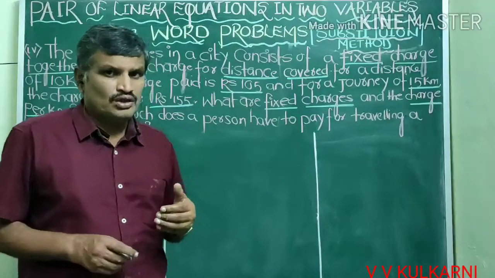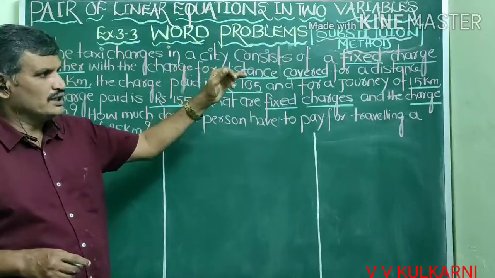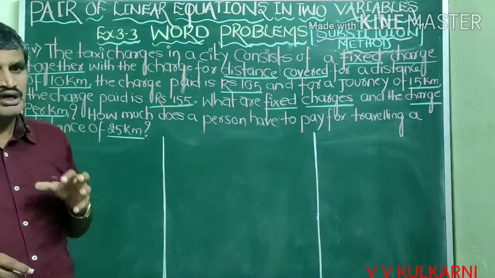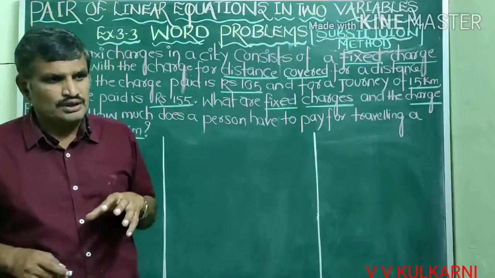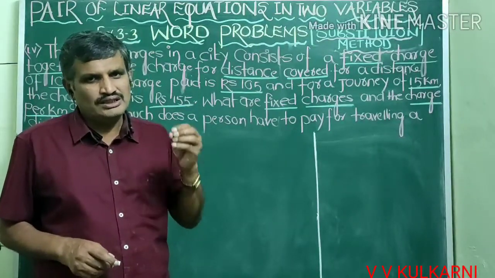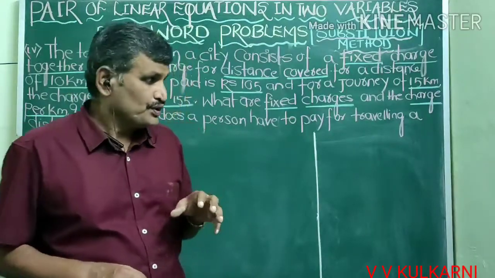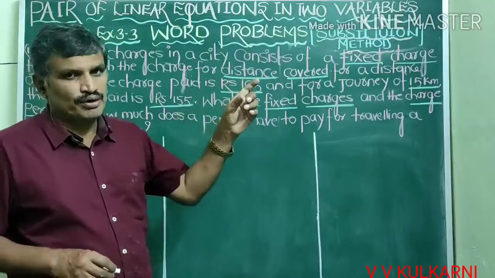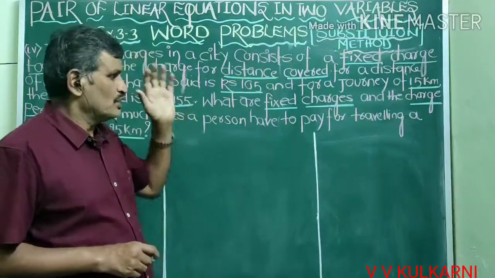Dear children, while reading the problem, you might have seen that I have underlined certain things here, and I want to tell you the key things about how to solve a word problem. The solution of the word problem lies in the question itself. The last sentence of the word problem will always be the first sentence of our solution.